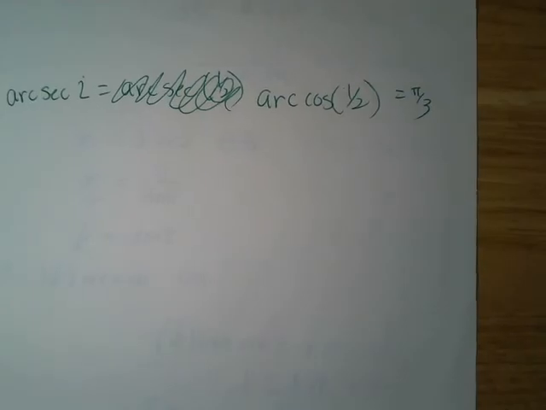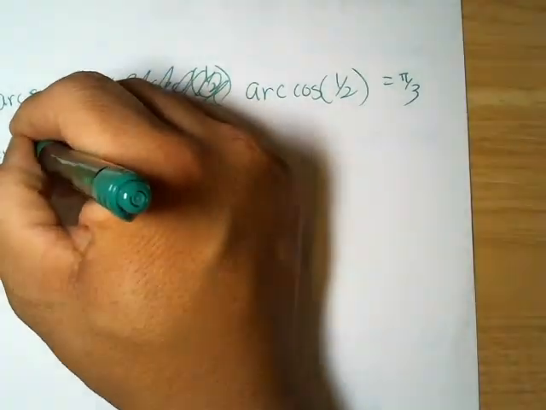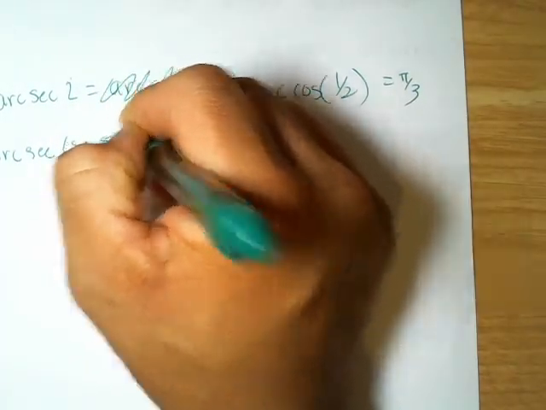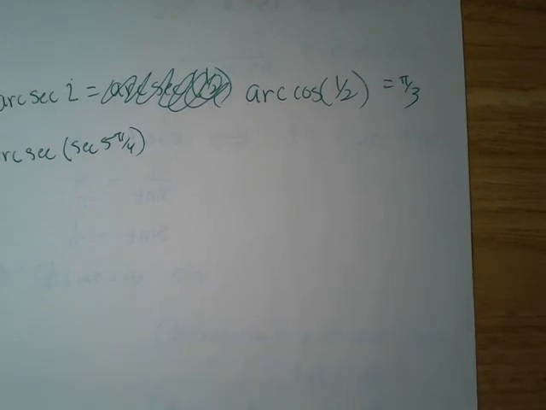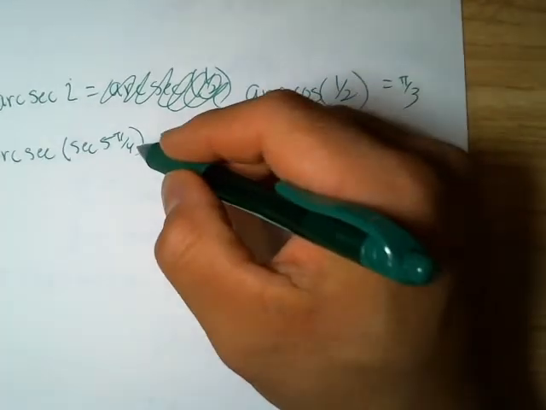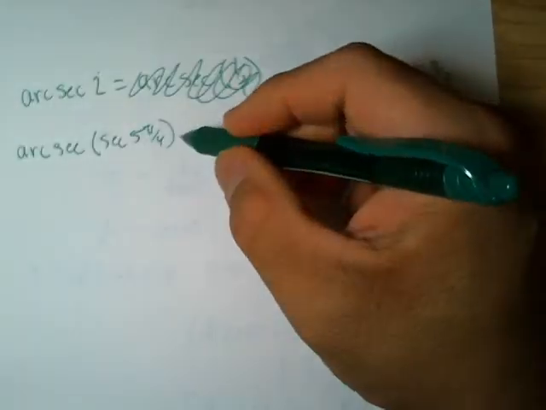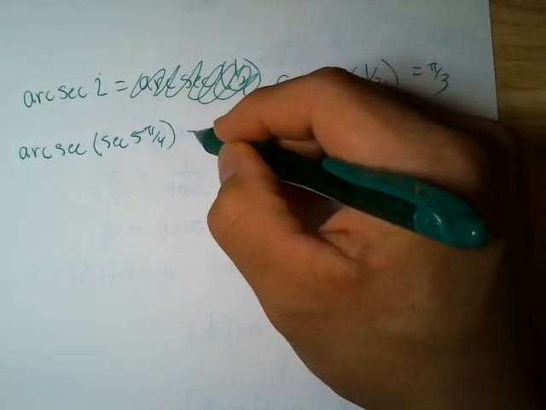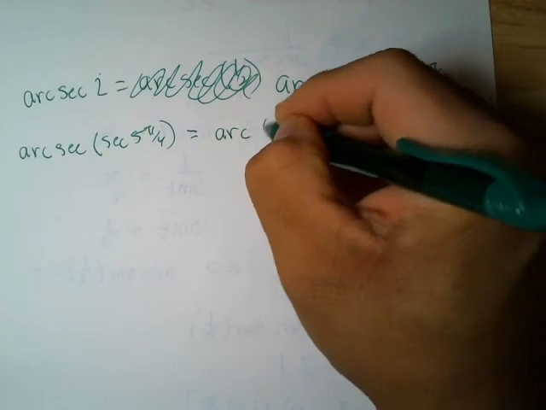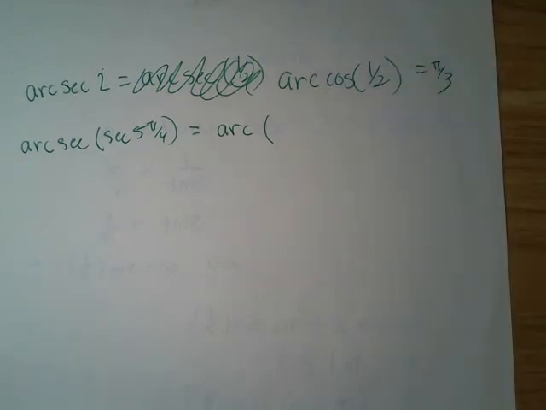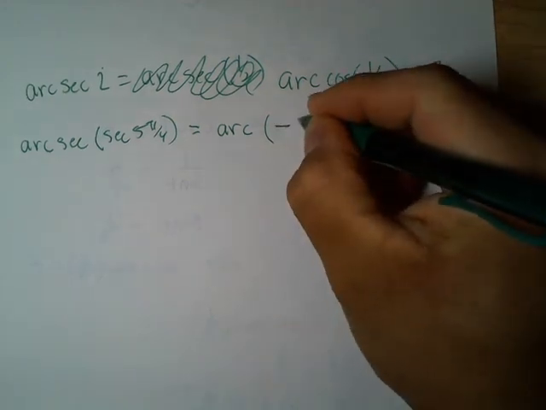All right, and then a composition, if we have, let's say, arc secant of secant of 5 pi over 4. Again, be careful here with the composition, as this is not always equal to 5 pi over 4, and we can see it won't be because the angle should be between 0 and pi. So the way you think of this is, secant of 5 pi over 4 is in quadrant 3, so we get negative root 2.